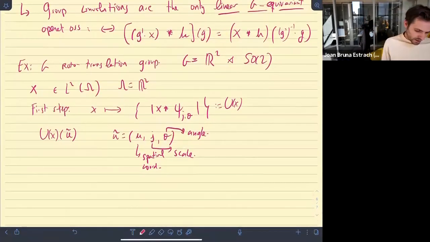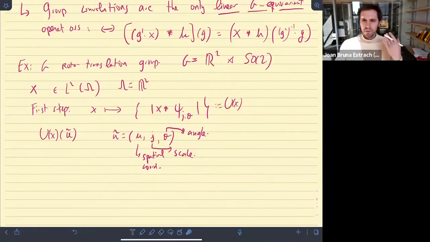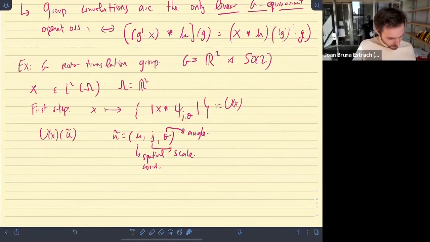Okay, so just to make clear what I mean, if I look at the collection of these images, I'm basically thinking of a family of signals that are indexed by space. But I can also think of it as a single image.